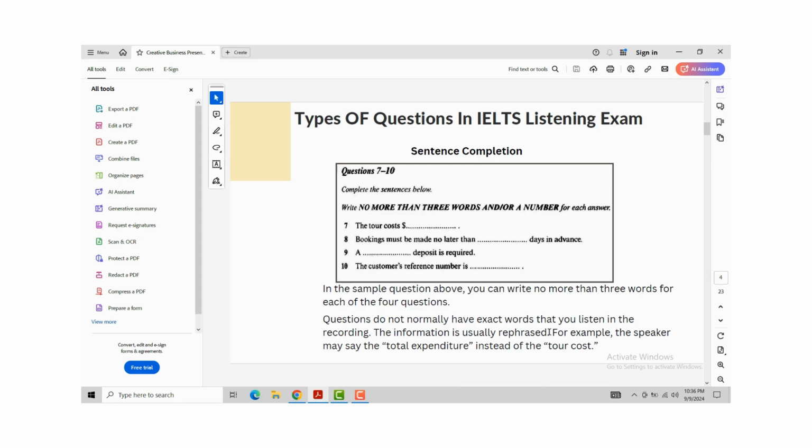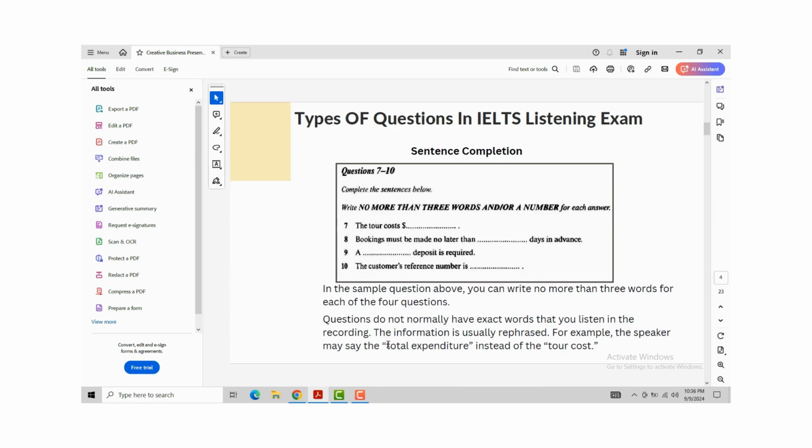For example, the speaker may say the total expenditure instead of the tour cost. Take a look at question number 7. The tour cost is dash dash dash dollars, but in the recording you may hear the total expenditure of the tour. So the meaning is the same, but the wording is different.